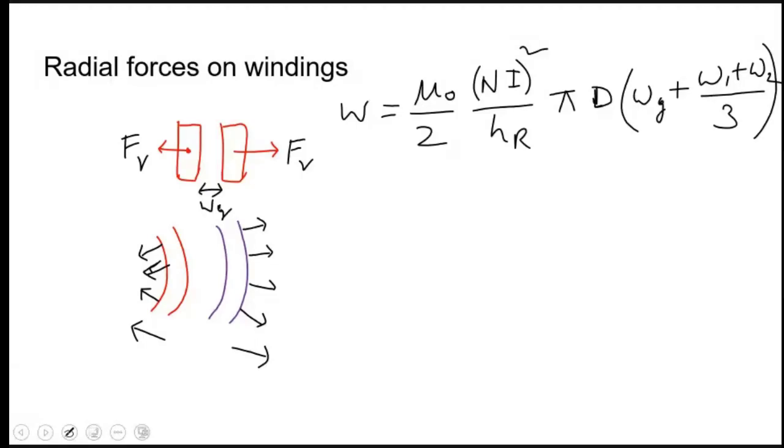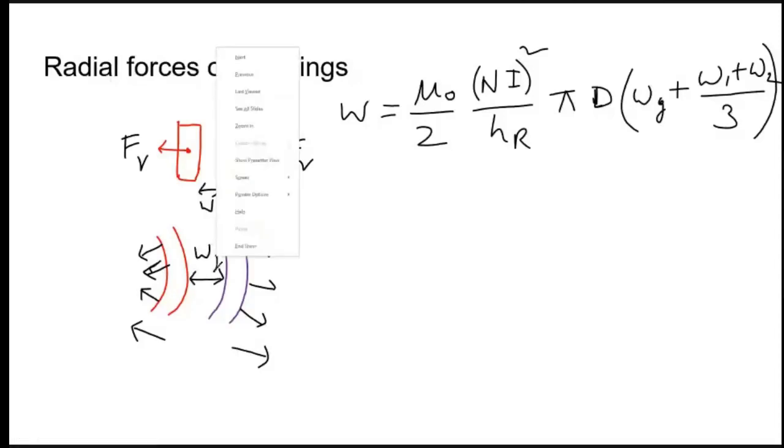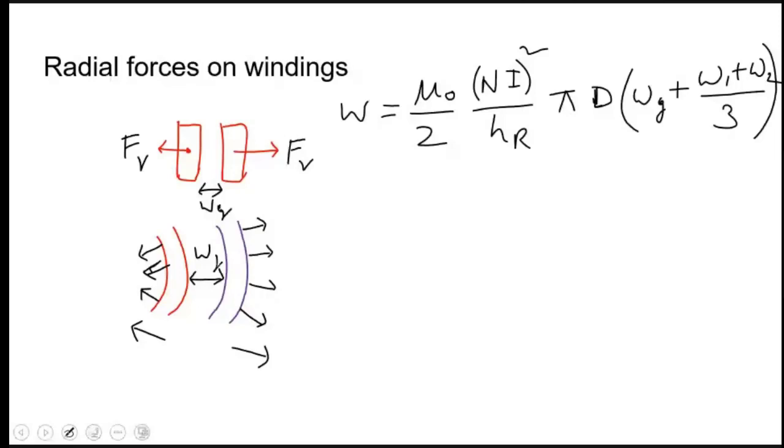In that case, these forces tend to increase the gap, that is WG. So it is reasonable to differentiate with respect to WG. What are the forces that are tending to increase WG? Those are radial forces only.